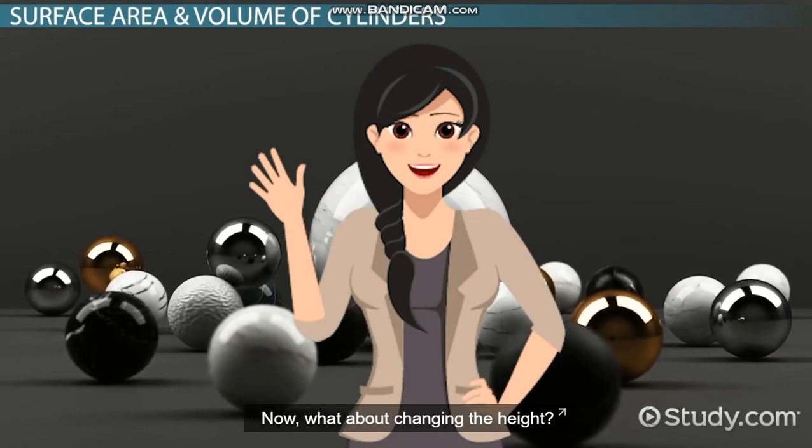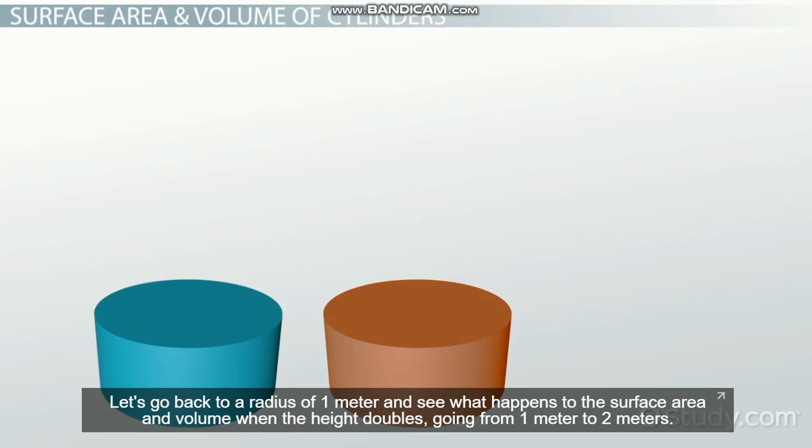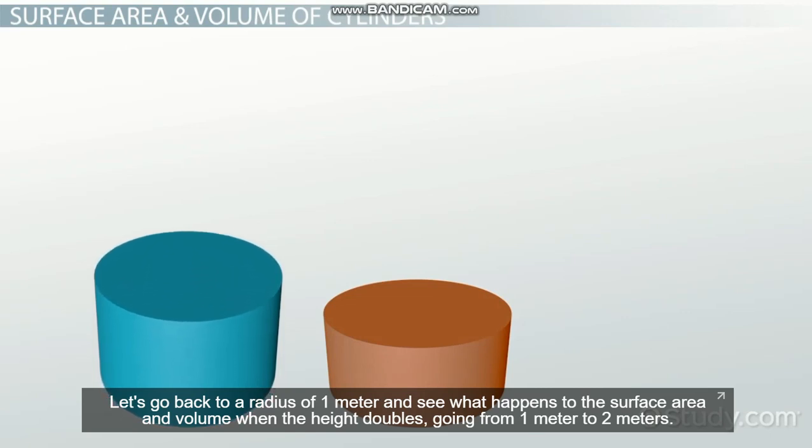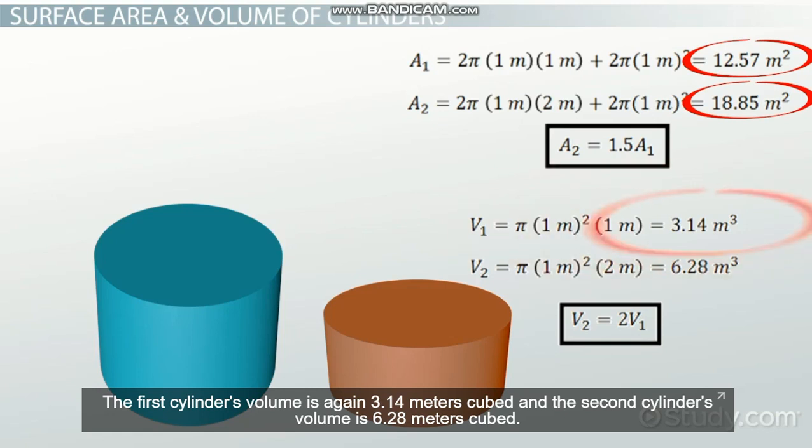Now, what about changing the height? Let's go back to a radius of 1 meter and see what happens to the surface area and volume when the height doubles, going from 1 meter to 2 meters. As we can see, the first cylinder's surface area is 12.57 meters squared, and the second cylinder's is 18.85 meters squared. The first cylinder's volume is again 3.14 meters cubed, and the second cylinder's volume is 6.28 meters cubed.